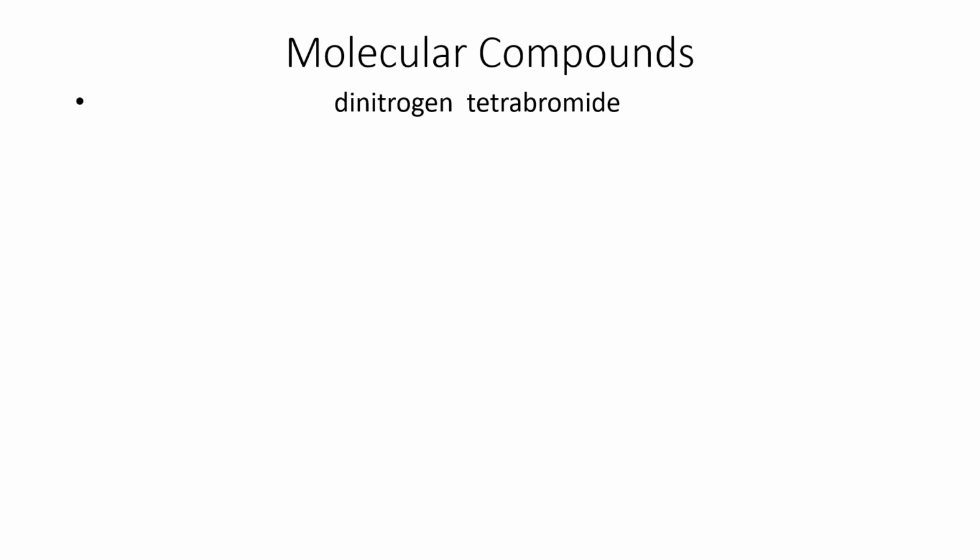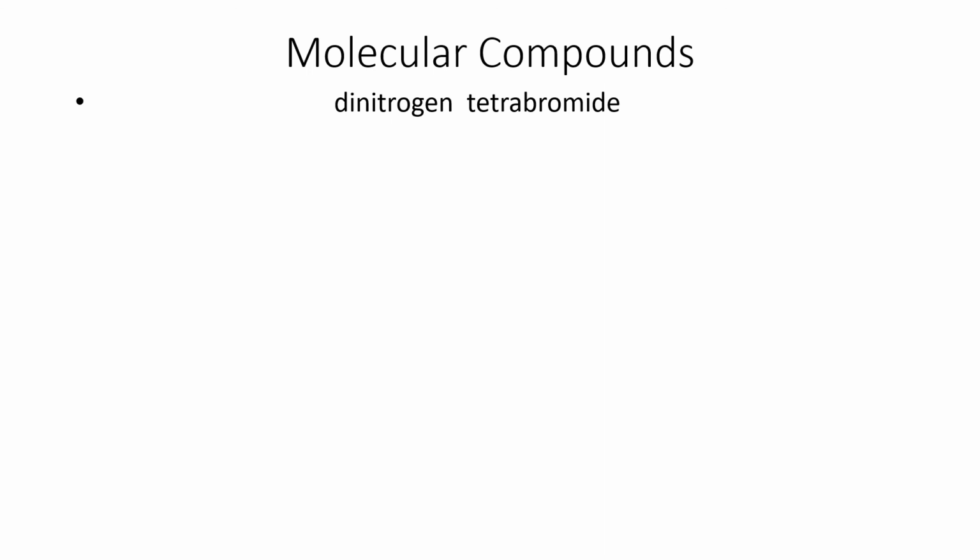So in this example, just like before with the ionic compounds, we want to be able to go both ways. Formula to name, name to formula. So here's an example going that opposite direction, starting with the name, having us write out what that formula is. So the name we're looking at is dinitrogen tetrabromide.